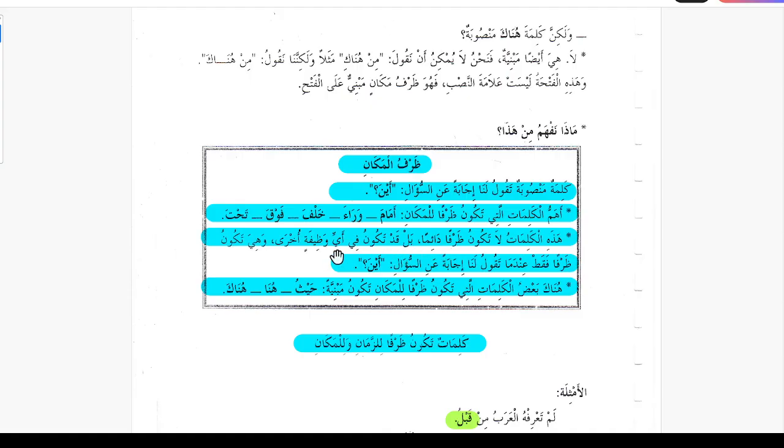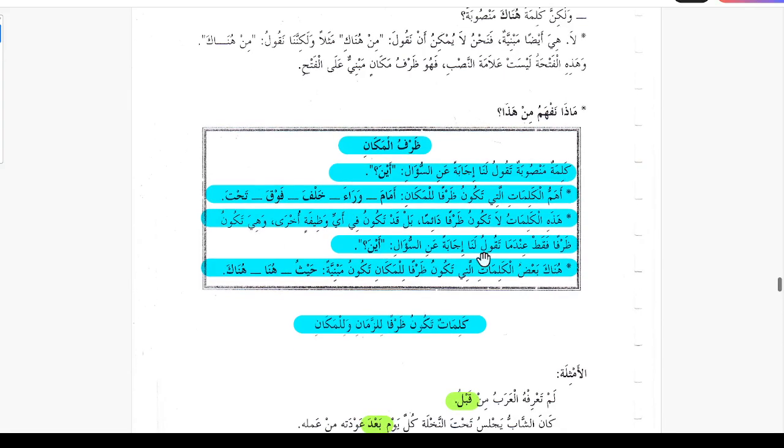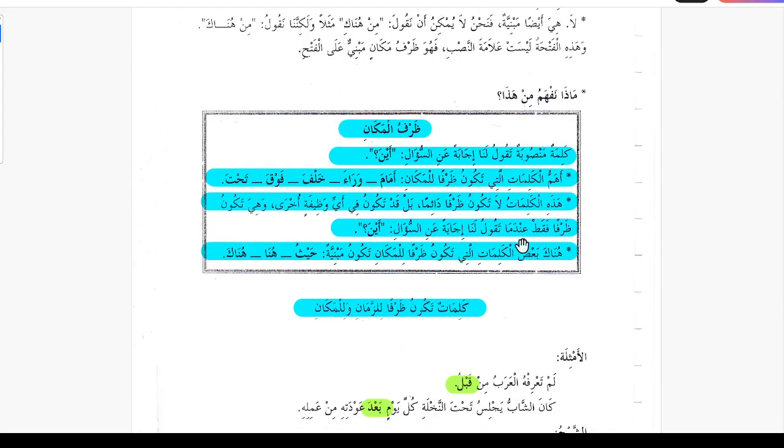Bal kad takunu fi ayyi wazifatin ukhra, and they come in other functions also. Wahiya takunu zarfan fakat only when they give you the answer of the question aina. Only then they are called zaruf. Otherwise they will have some other functions.